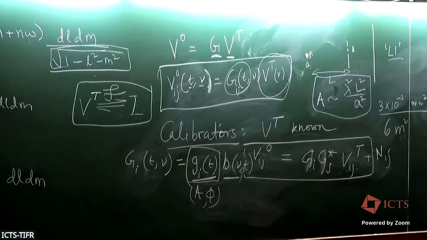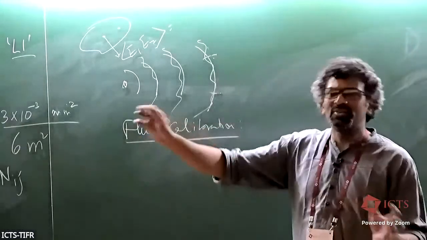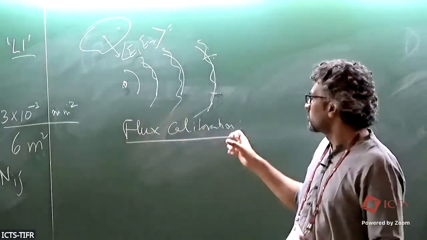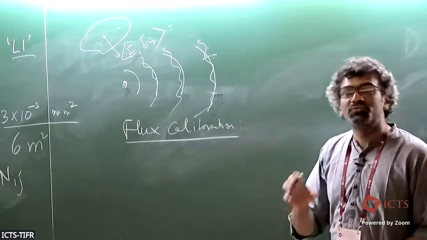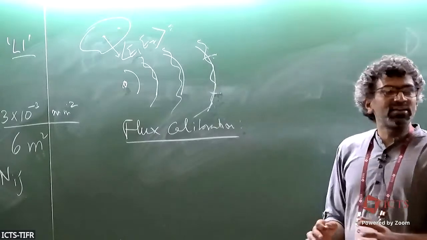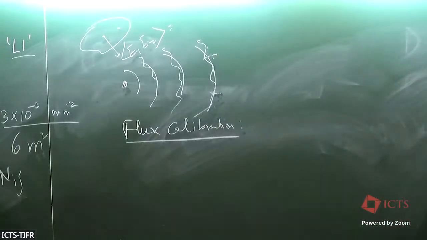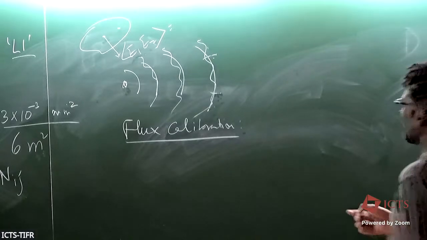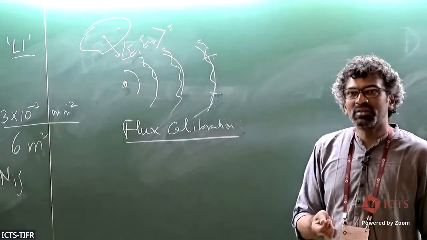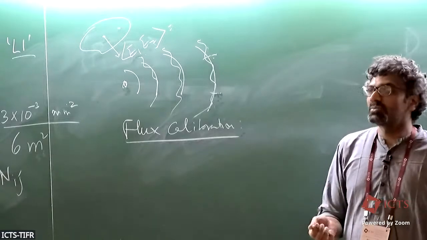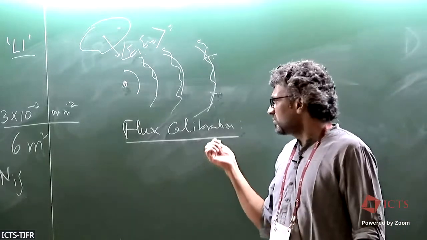As Naren was also mentioning earlier, you don't need to observe this source again and again. At the beginning or at the end of your observation, or maybe at most twice, you observe a source for 5 to 10 minutes, for which the flux density is very well known. As you know, for most sources this is not possible.